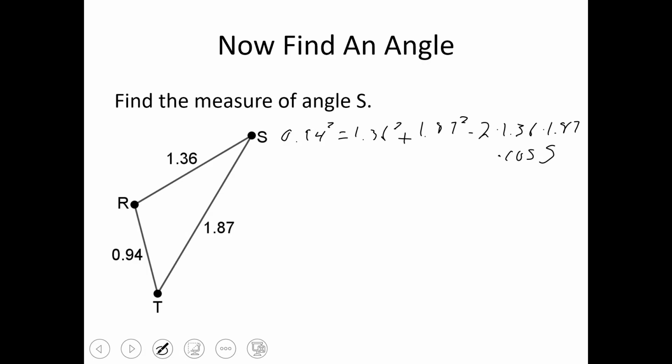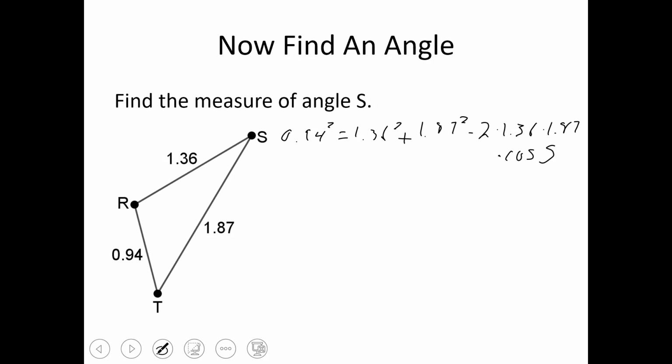So let's think about that. How are we going to solve for s in that case? First of all, we have to isolate cosine s. Let's do this in stages. Let's first subtract 1.36 squared from both sides and 1.87 squared from both sides. And then what will we have?